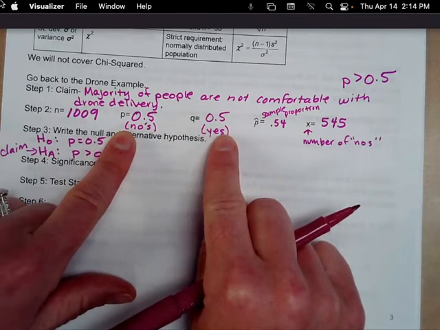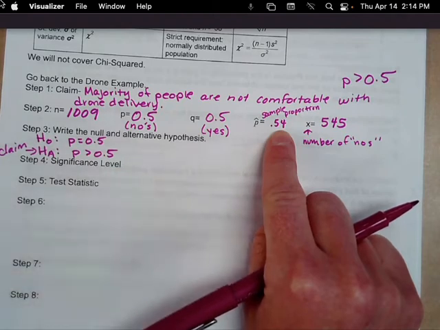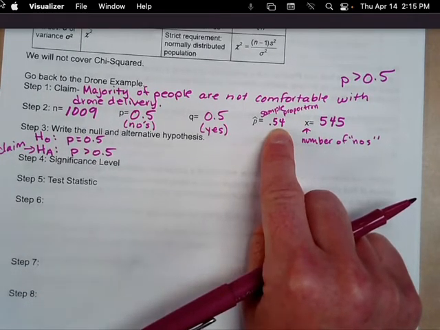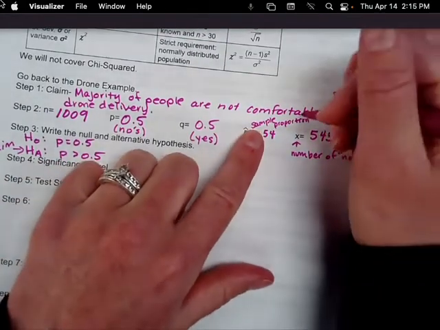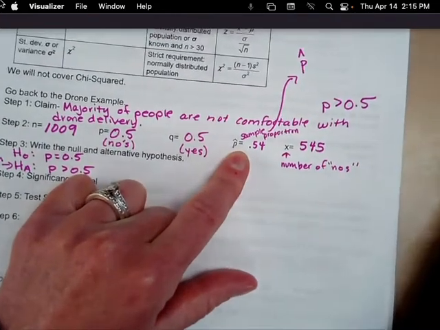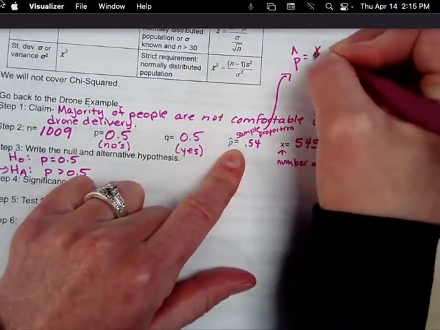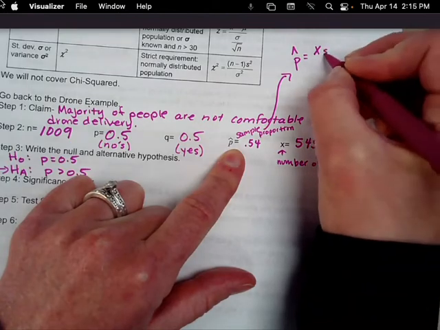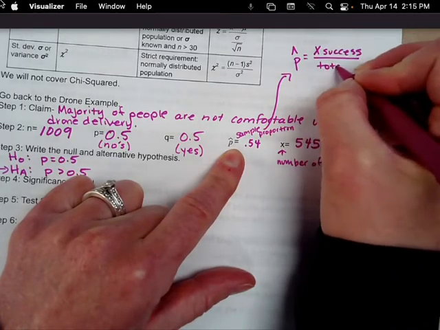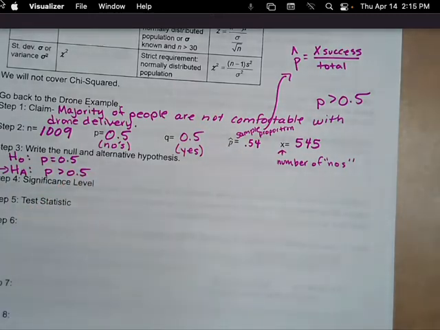So 0.5. Your sample proportion is found by doing how many they found were not comfortable over your total. So you could also put sample proportion P naught or P hat as how many X successes over total, or your sample size.